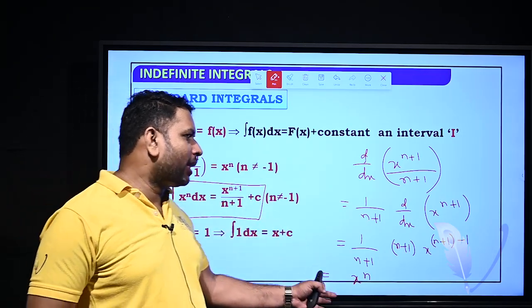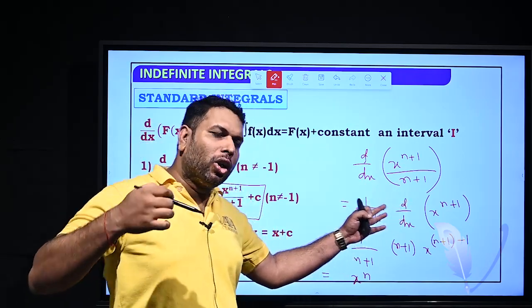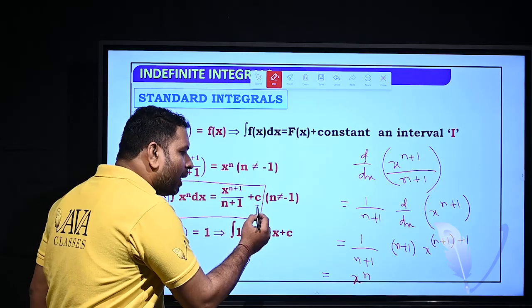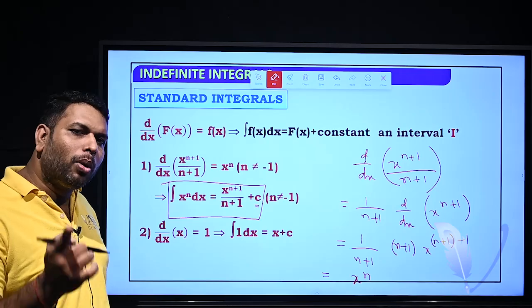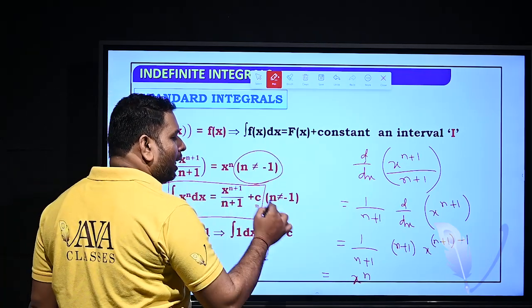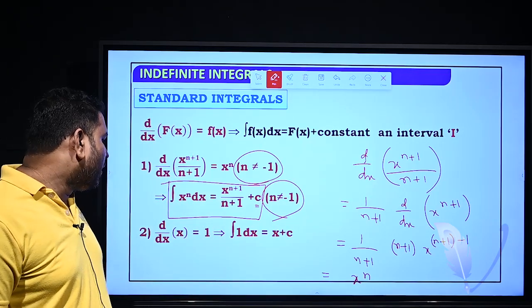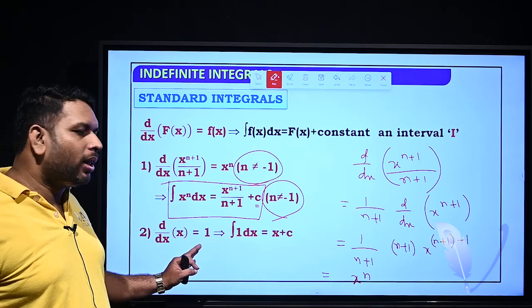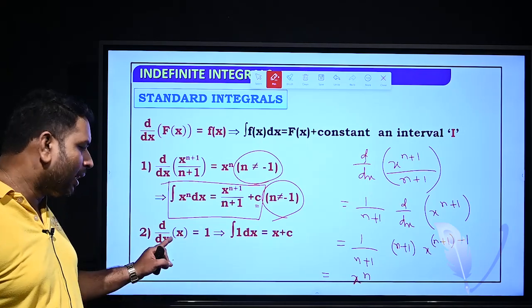Actually the integral of x^n is x^(n+1)/(n+1). An arbitrary constant is added, because this is the constant of integration. Every time you have to add a constant, and here n should not be equal to minus 1. Now the derivative of x equals 1, so the integral of 1 dx is x plus c.